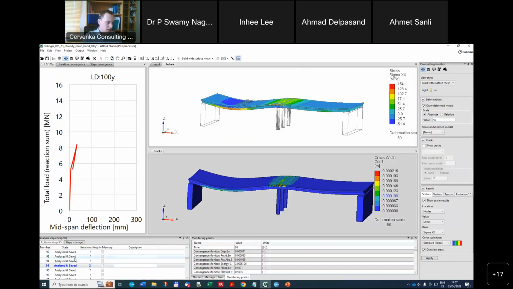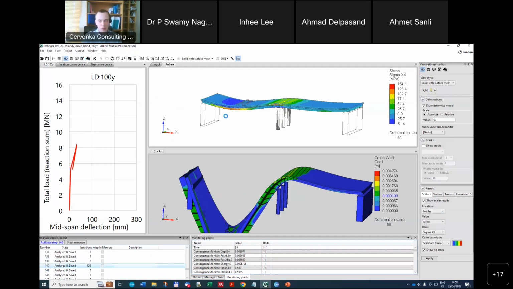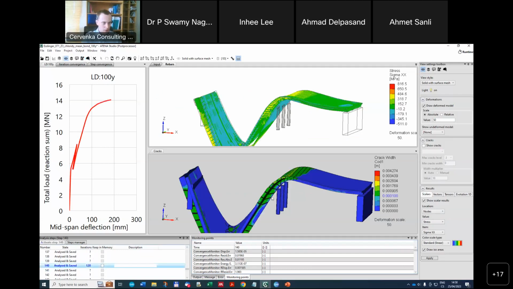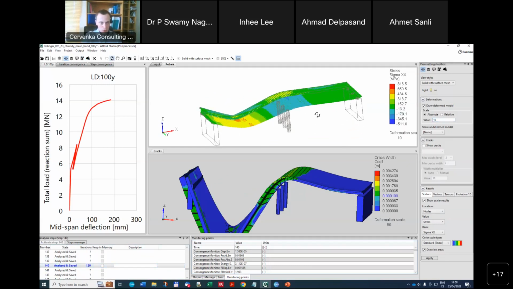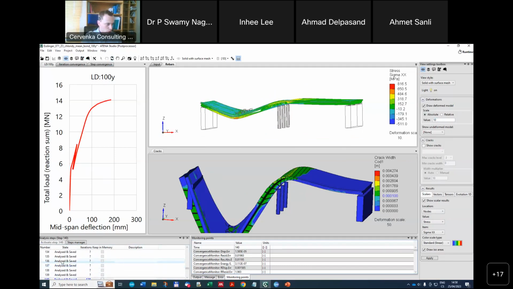And afterwards, in the remaining steps, there is this overloading phase to get the maximum load bearing capacity. So here now the scale is too less. Maybe I should go somewhere in here.